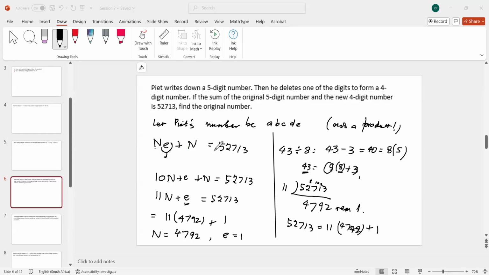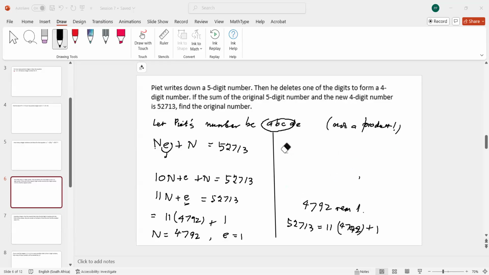So our original number, this part here was your n, Pete's number. And so your 4-digit number, there it is, you got your 4-digit number, n.